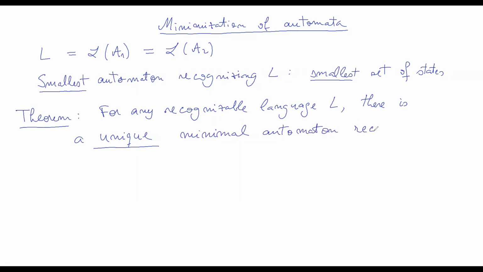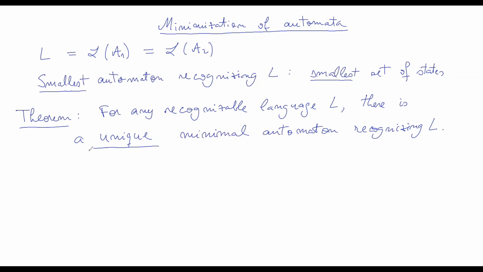What this result says is, so you have many automata recognizing L, and you try to choose smaller and smaller automata until you find a minimal one. And the result is saying that the minimal one is in fact unique. Whatever method you use to find a minimal automaton, the result is always going to be the same.